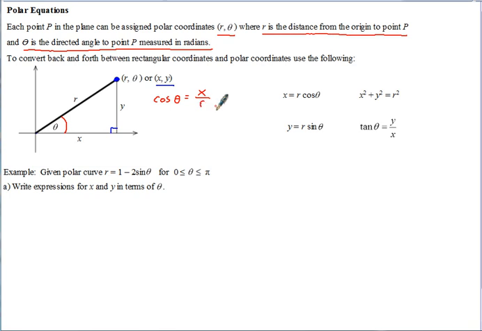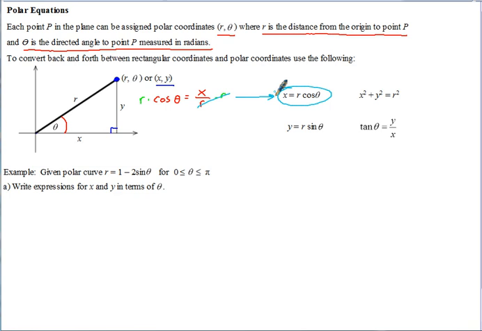To get rid of the fraction, multiply both sides of the equation by r. The r's reduce out, and you get x equals r cosine theta. So that's where that equation comes from.